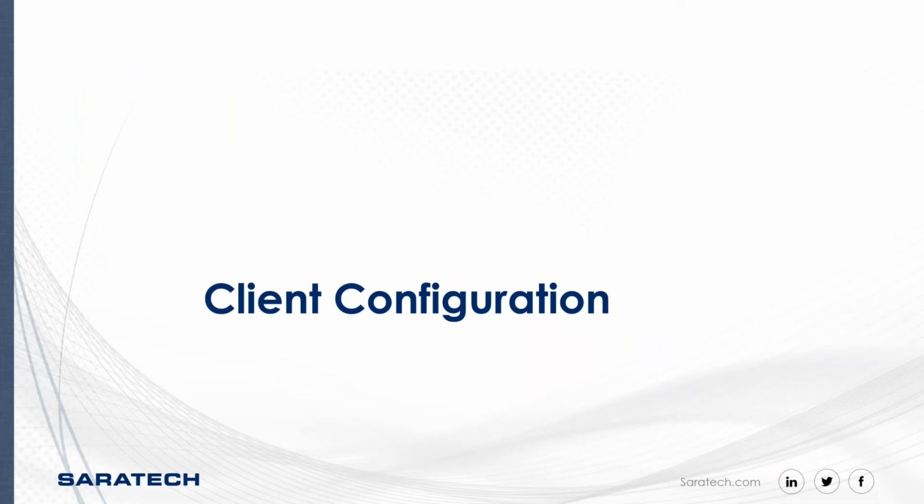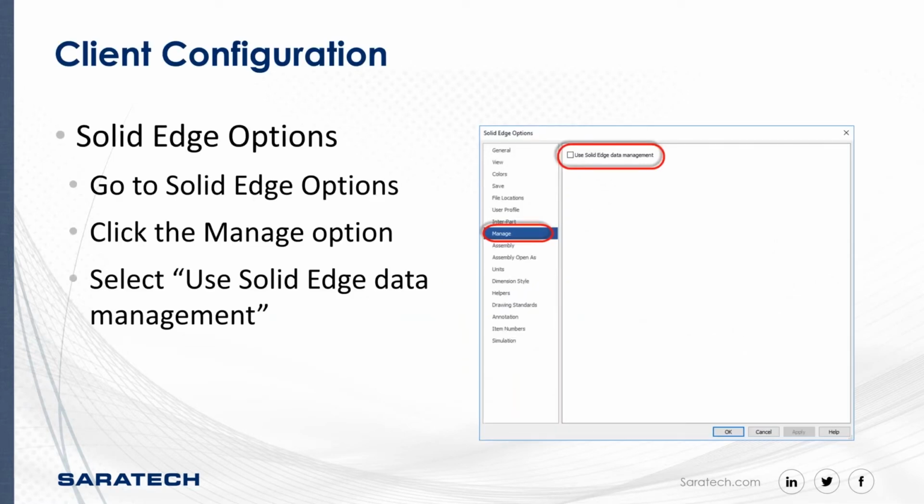So the server side that we just looked at probably takes you maybe 15 to 30 minutes and you're all done. It probably takes you longer to download the software off the Siemens website than it does to actually set it up. Now we get into the client configuration, and you're going to begin by configuring the client before you point it to the server.